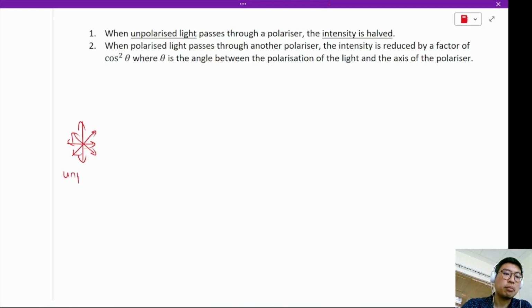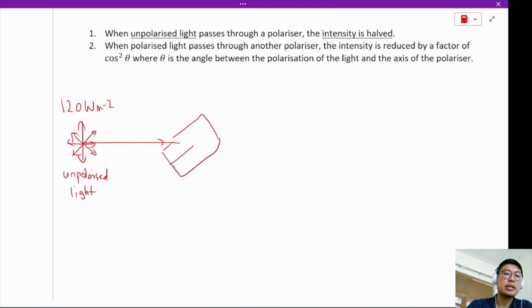So it's unpolarized light, and the unpolarized light has an intensity of 120 watts per square meter. Now it passes through a first polarizer, and the first polarizer is at an angle of 30 degrees to the vertical.